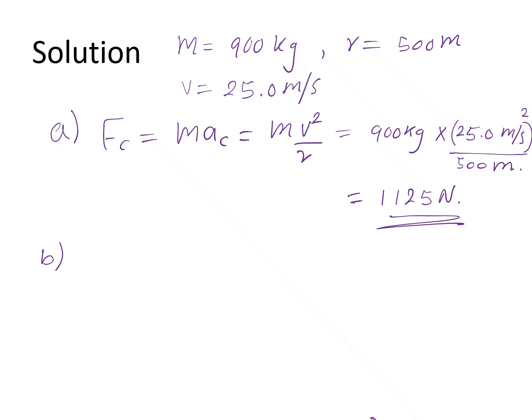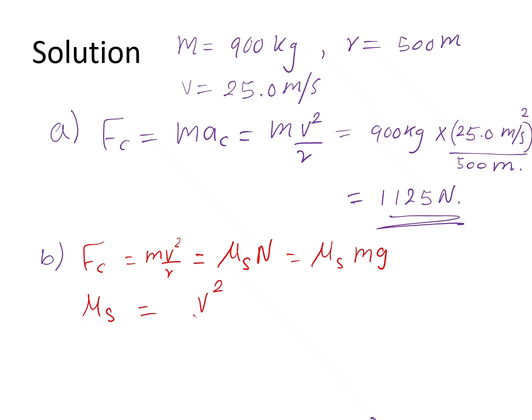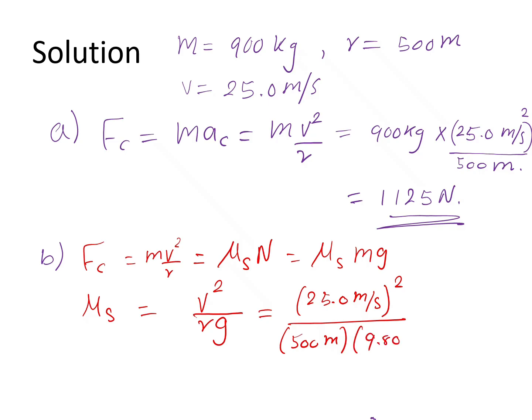For part B, we need to find the coefficient of static friction. We can use the equation F c equals m v squared over r equals mu sub s times n, which is also equal to mu sub s times mg. So mu sub s is equal to v squared over r g. Substituting the values: 25 meters per second squared divided by 500 meters times 9.8 meters per second squared, which is equal to 0.13.